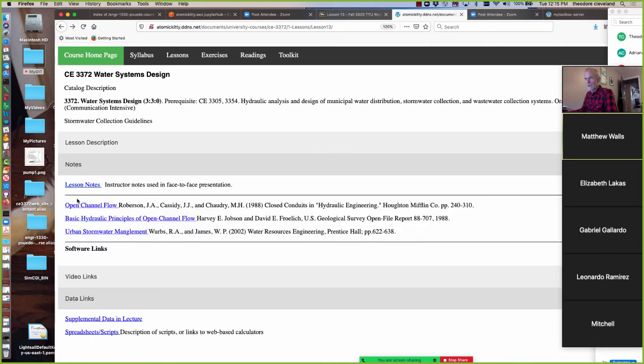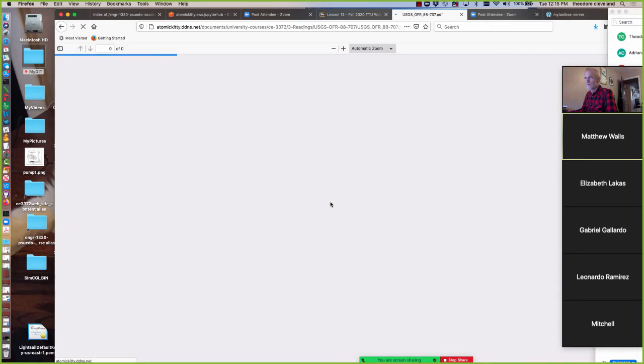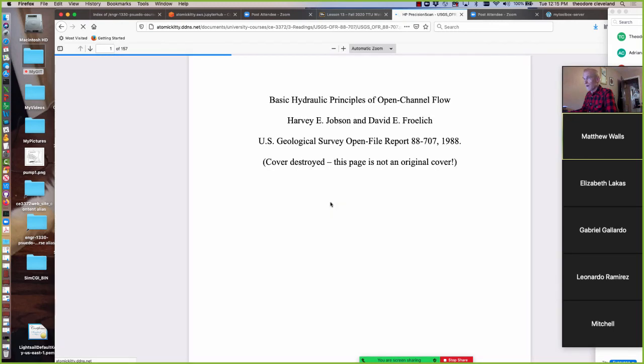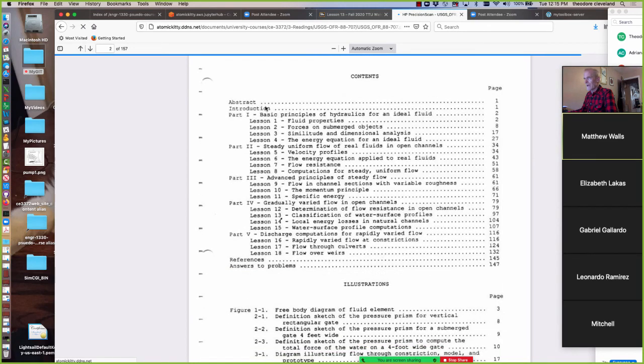And I will conclude the lesson pretty quickly here, but let's go look at the readings so I can give you some guidance on what to look at if you choose to look at them. So first I'm going to the open file report, and it has the basic principles of flow and open channels.